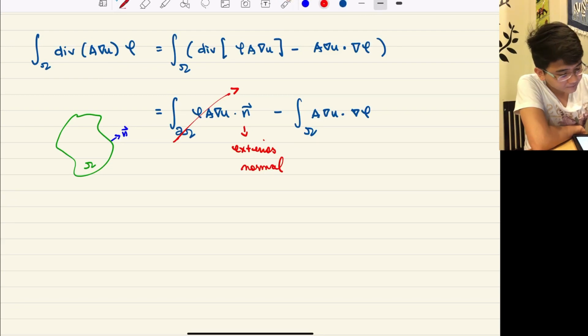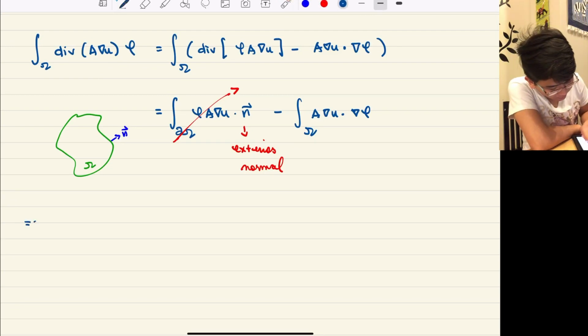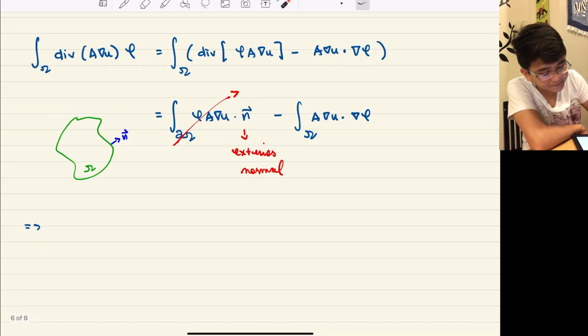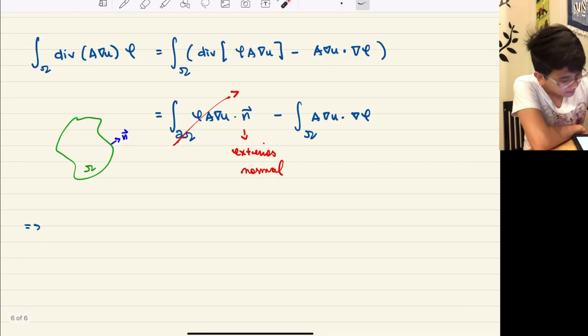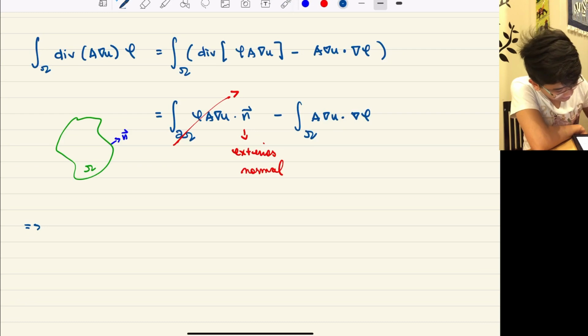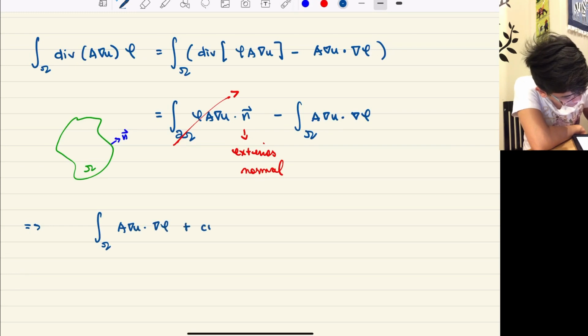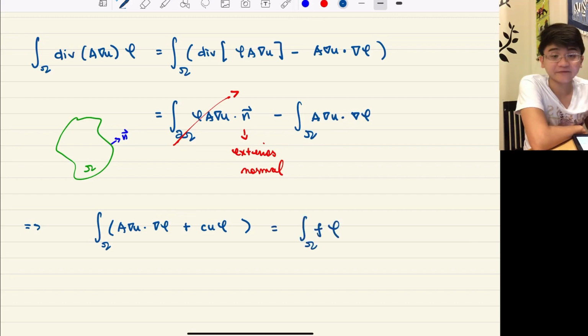Plugging that back into our equation, and noting that we started off with negative divergence, what we eventually get is the integral over omega of a grad u dot grad phi plus cu phi is equal to the integral over omega of f phi.